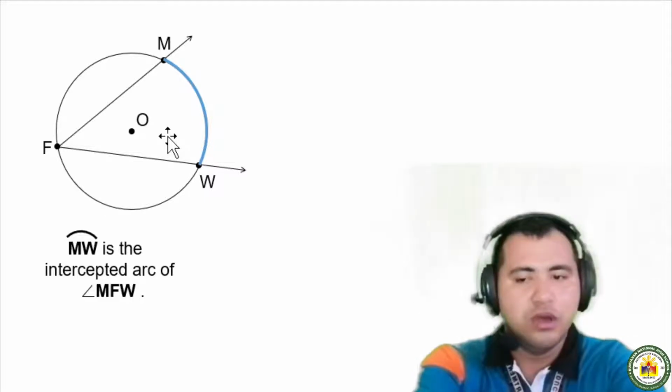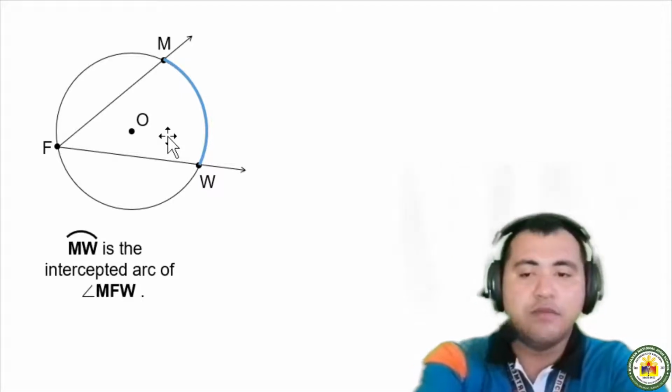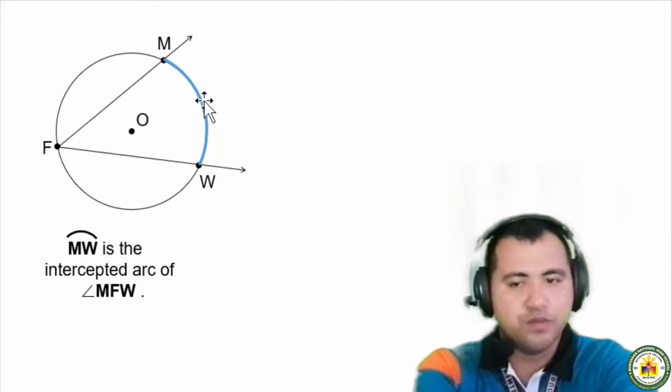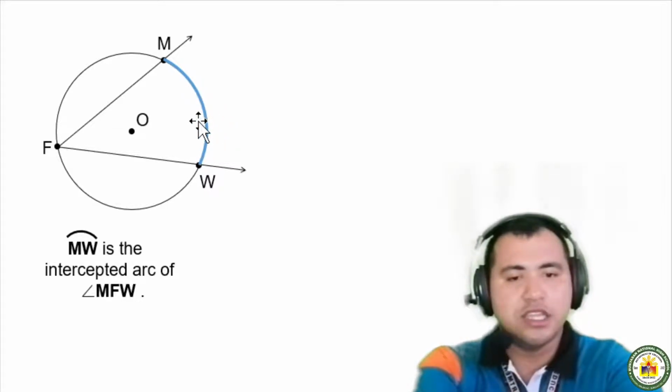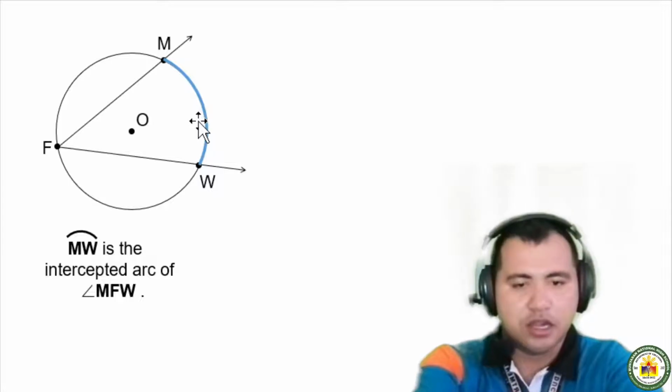That is, arc MW is the intercepted arc of angle MFW. That is how you determine the intercepted arc: the one inside our angle. So that is the intercepted arc.